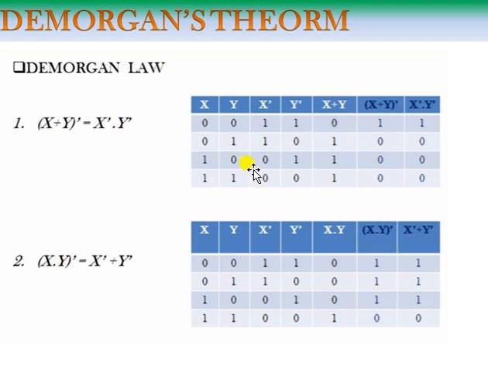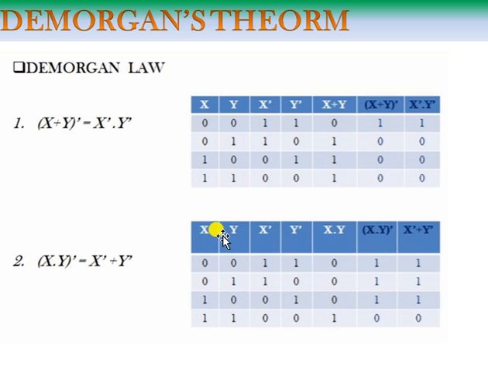The second law states that the complement of the product is equal to the sum of their complements. We also prove it through a truth table.